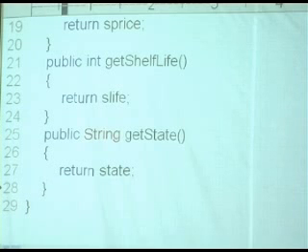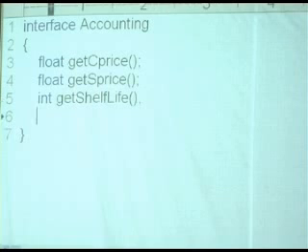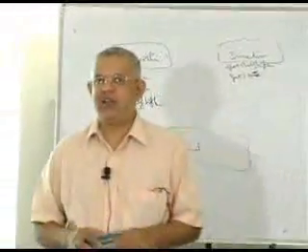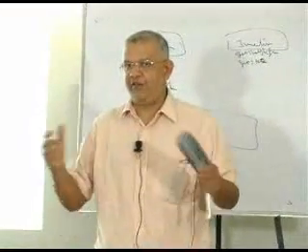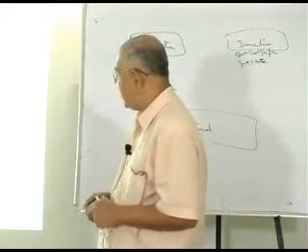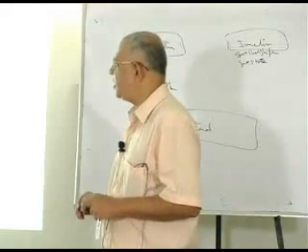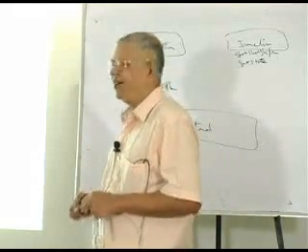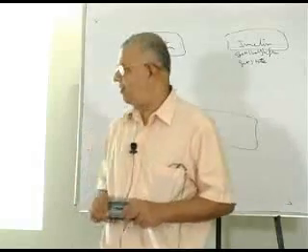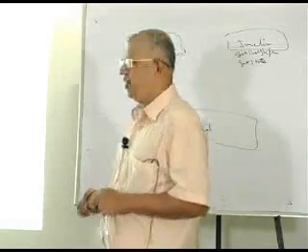Let's go back to the accounting interface just to add a little more there. Let's put a variable there. Technically, if you talk about classic UML, classic design of object-oriented languages, interfaces are not expected to have variables.